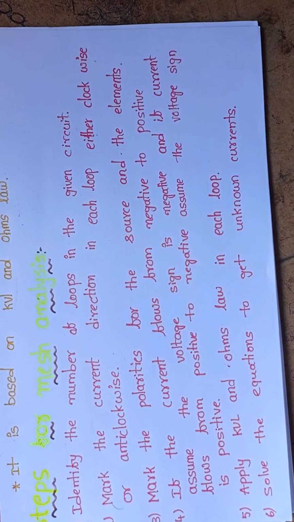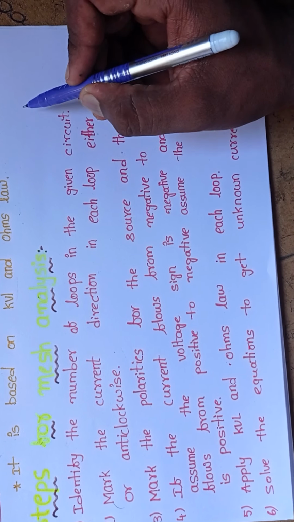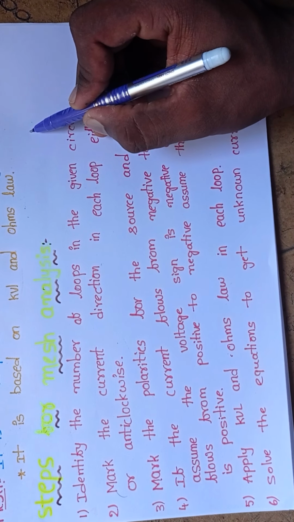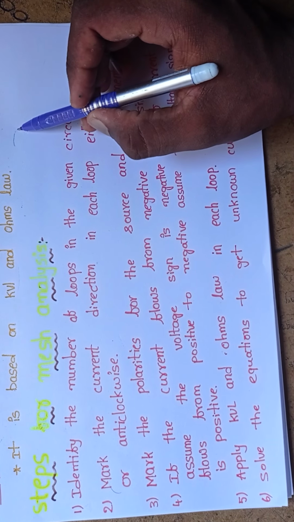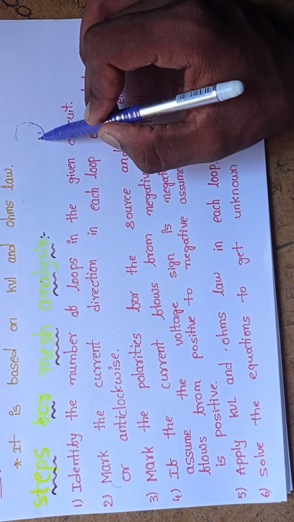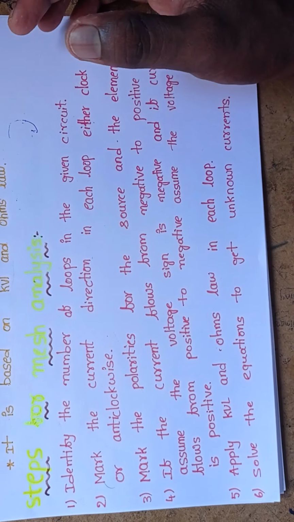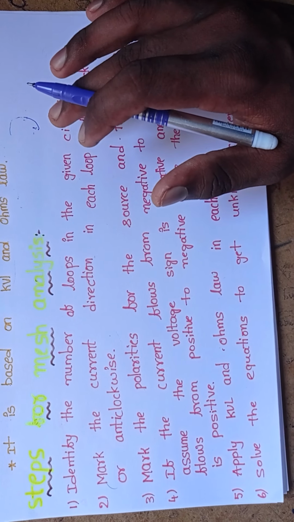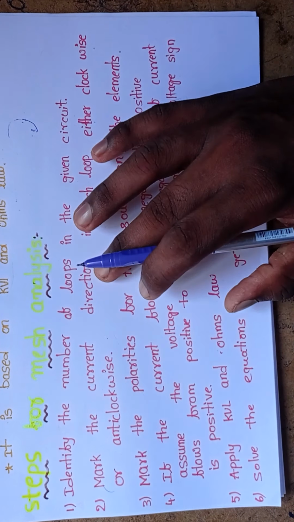But remember one thing: in both loops we mark the same direction, either clockwise or anti-clockwise. One loop clockwise and another anti-clockwise is not allowable. You have to mark both loops as anti-clockwise or both as clockwise. That is the second step.